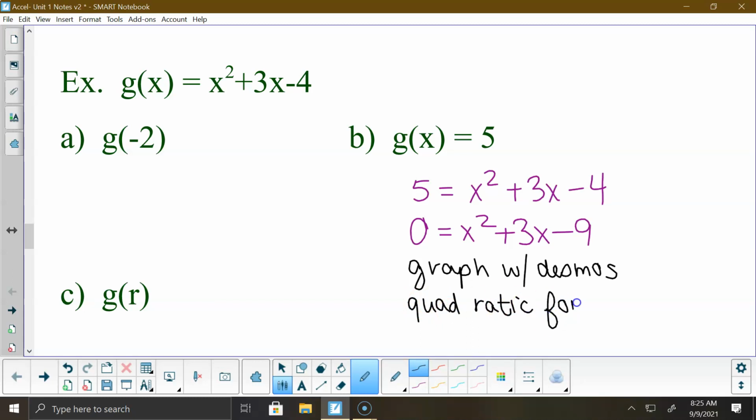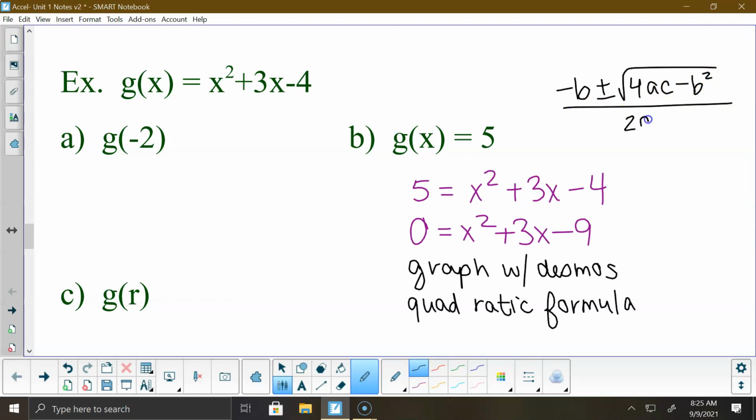Or you could use the quadratic formula. You guys remember the quadratic formula? Yeah, it's negative b plus or minus square root, divided by 2a.